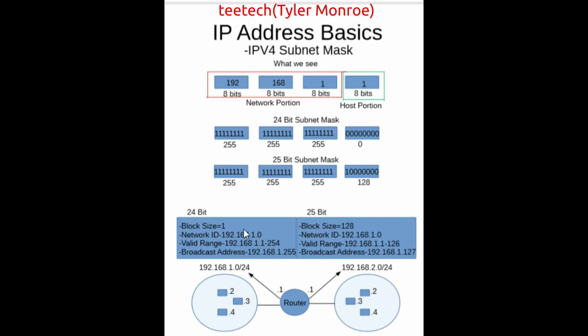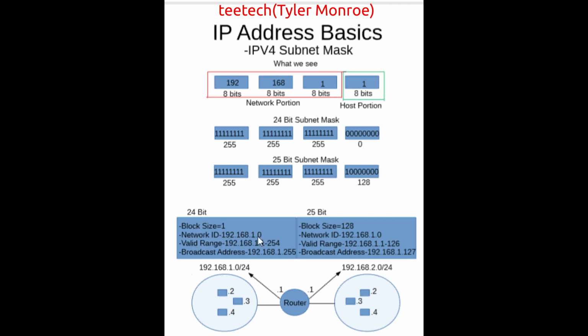And we would count, in the third part of it, by 1. So that would give us 192.168.2.0. And what we find out is that in between 192.168.1.0 and 192.168.2.0, there are a few important things.